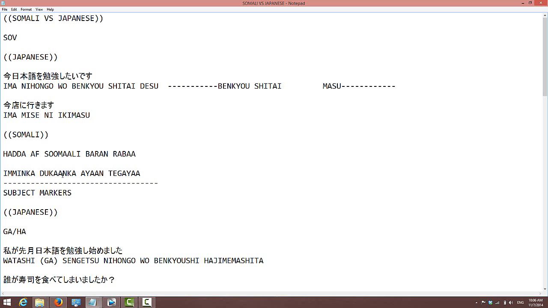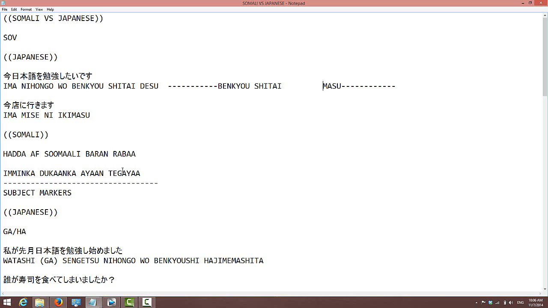Dukanka: dukan is shop by itself, but the ka here is the. It makes it definite. I always get these mixed up, definite, indefinite. So that's what the ka is. If you drop it off and you just have dukan, that means a shop. So dukanka, the shop.